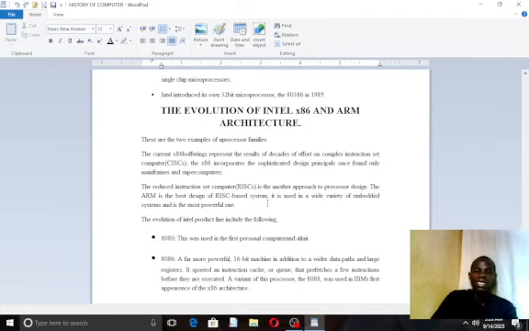It is used in a wide variety of embedded systems and is the most powerful one.